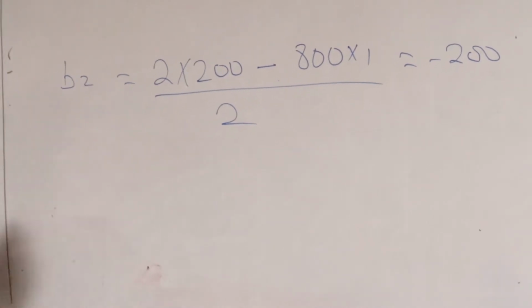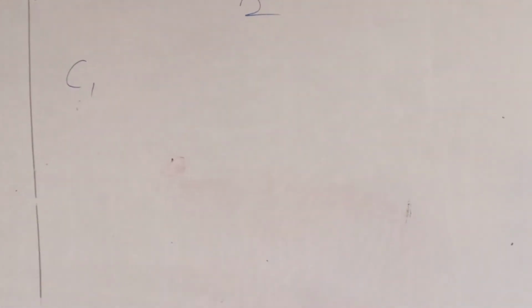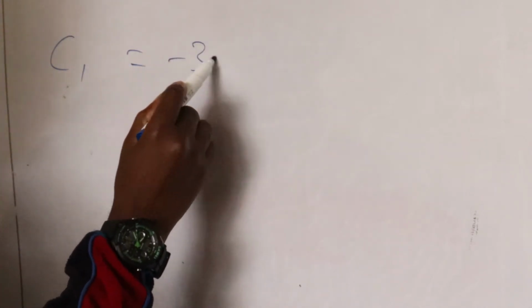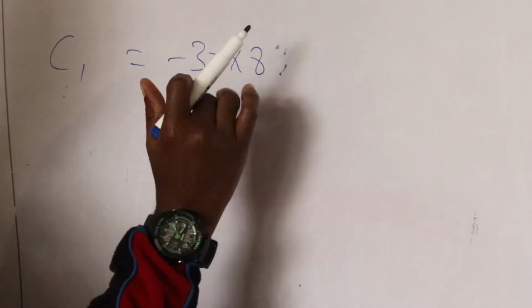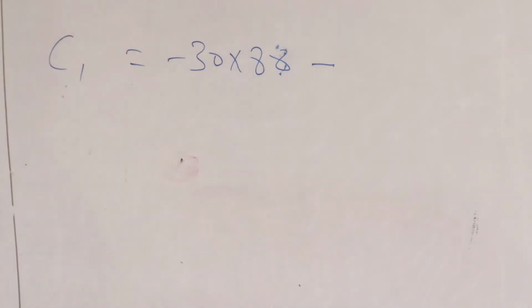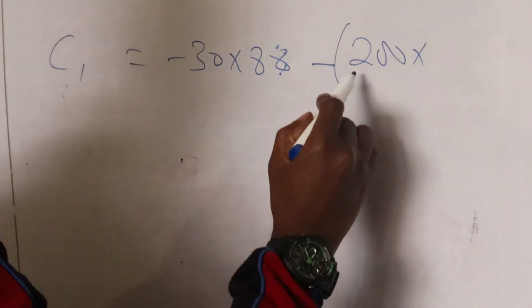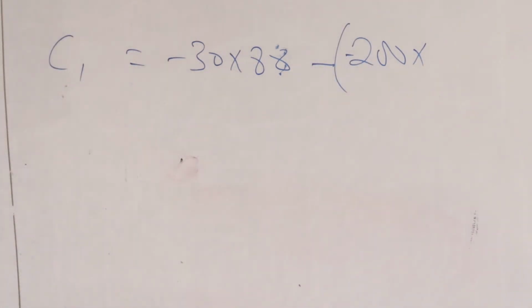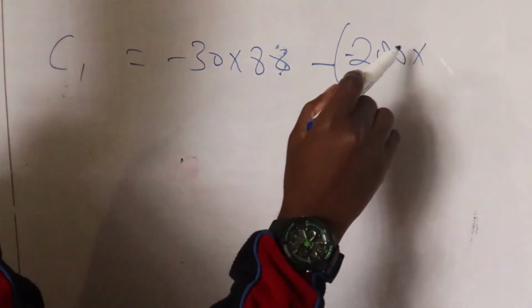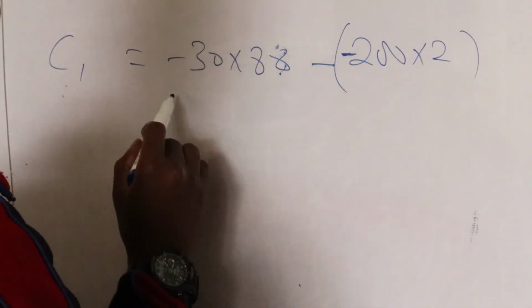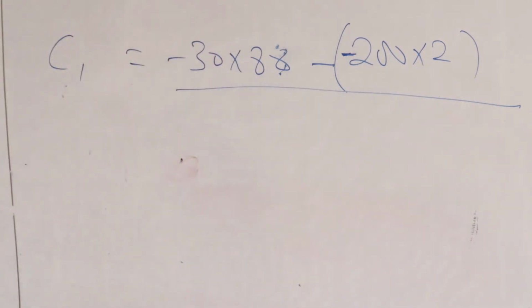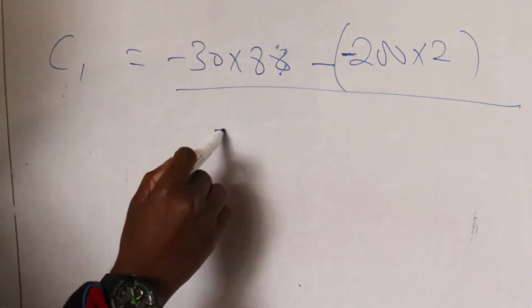Next, C1: minus 30 times 88 minus 200 times 2, so this negative times 2, all over minus 30. So what do we get?